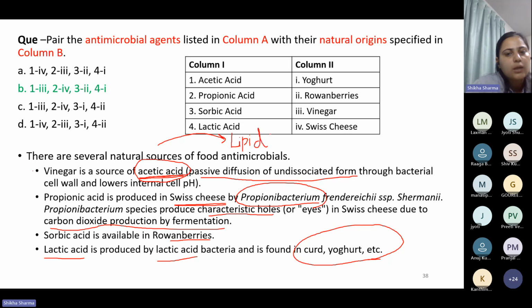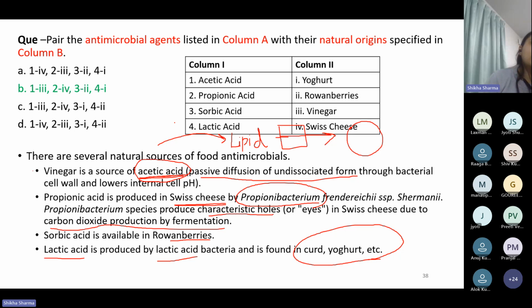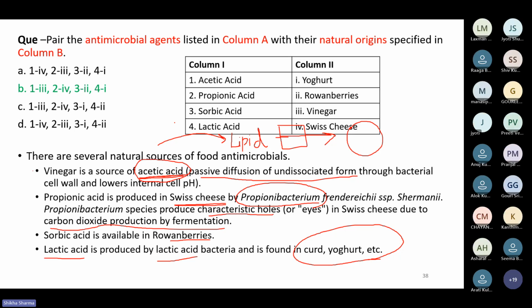It will bind with the cell lipids present in the cell wall, and this acetic acid or organic acid can pass through the cell wall and go inside the bacterial cells, where it will lower the intracellular pH and affect different functions or enzymes.